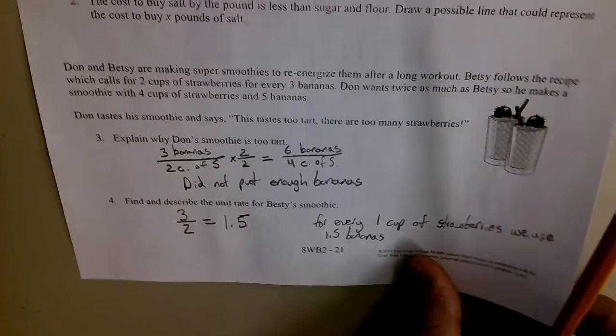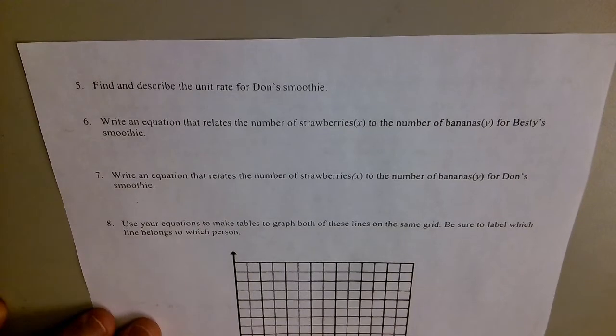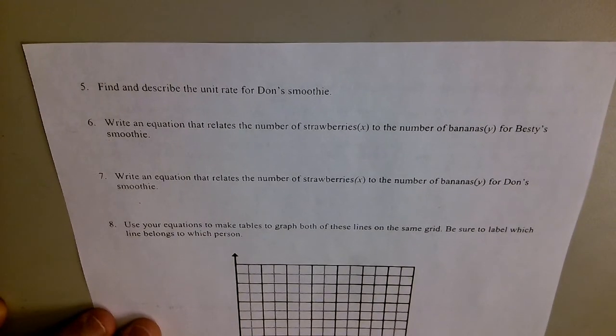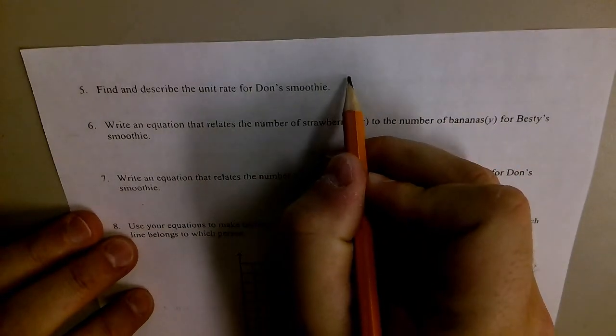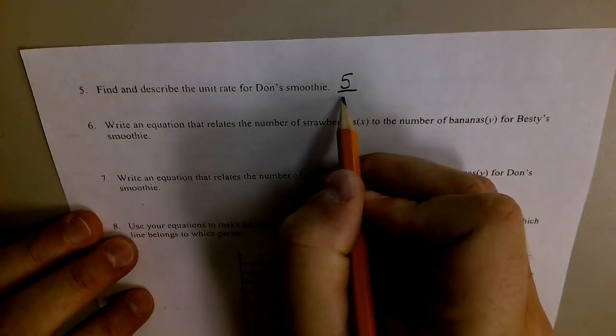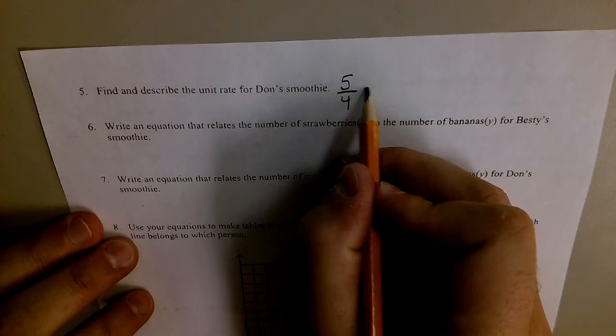So now let's jump to page 22. So find and describe the unit rate for Don's smoothie. So Don, he did it a little differently. He did 5 bananas for every 4 cups of strawberries. So his came out a little bit different.